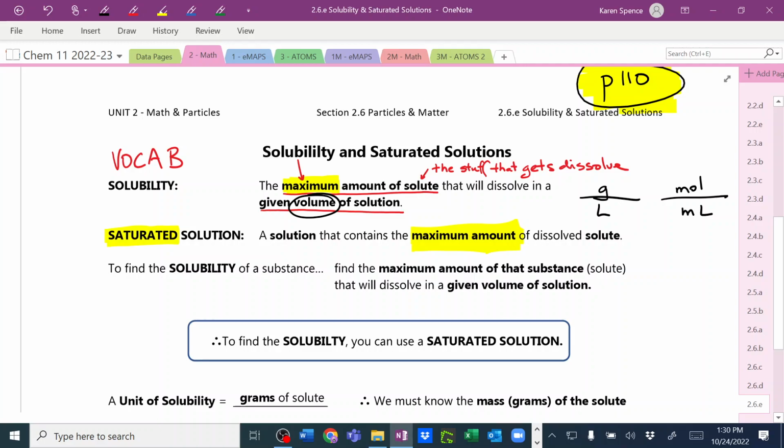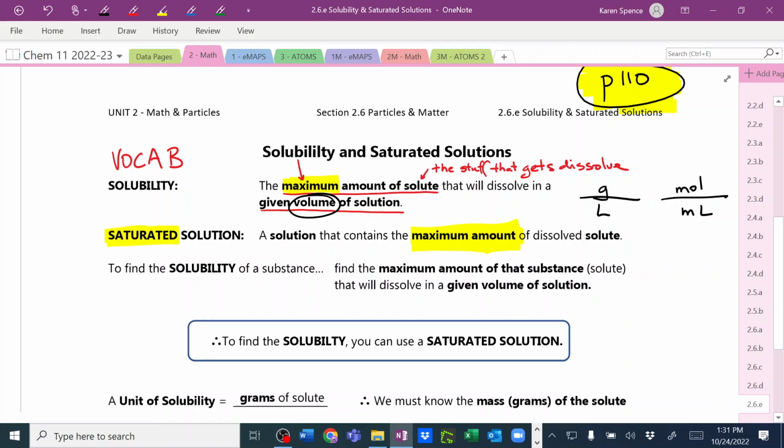So let's say you wanted to find the solubility. Like I gave you some salt, and I said, find the solubility of sodium chloride for me, please. So you want to find the maximum amount of solute that will dissolve in a given volume of solution.